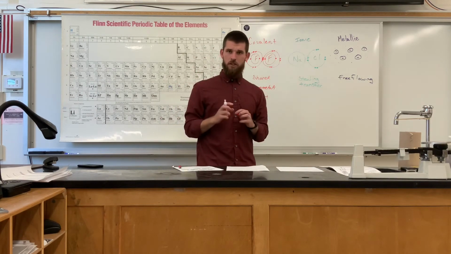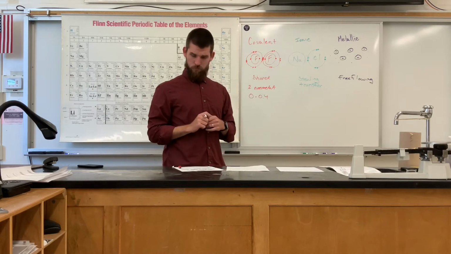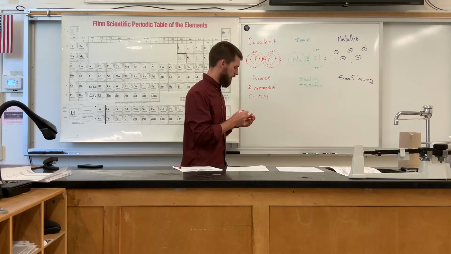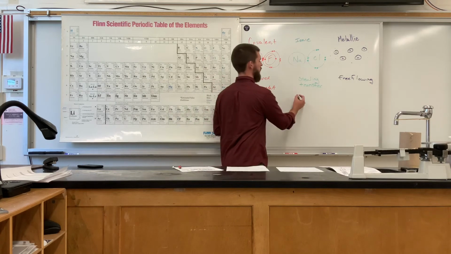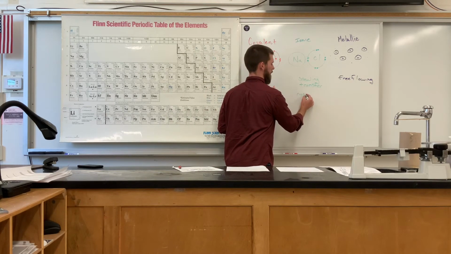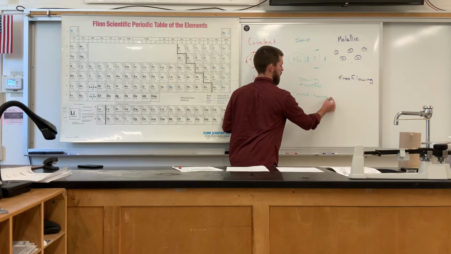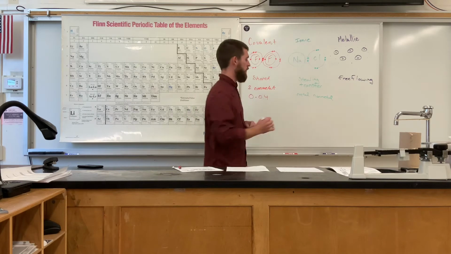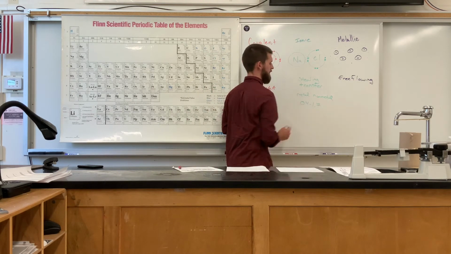And we'll be able to look up the electronegativity values online whenever you want to. But ionic compounds, these types of bonds, are only going to happen between a metal and a nonmetal, and they're going to have an electronegativity difference between 0.4 and 1.7.